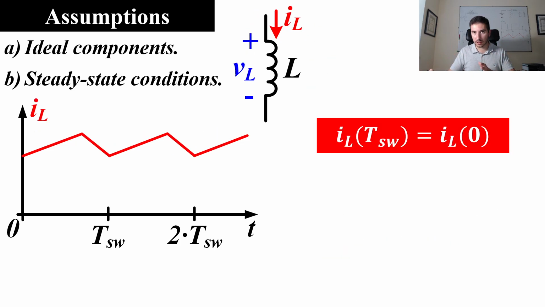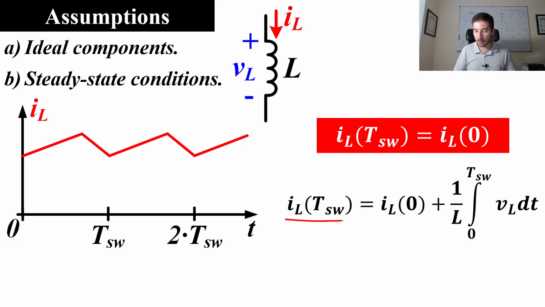Second consequence of operating under steady state conditions. The current through inductors is constant or periodic, as in this case. It means that at the end of the period, the current through an inductor is equal to the current that we have at the beginning of the period. Basically, this current is equal to this one. Let's apply the general expression of the current through an inductor.